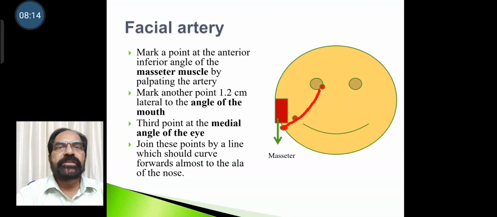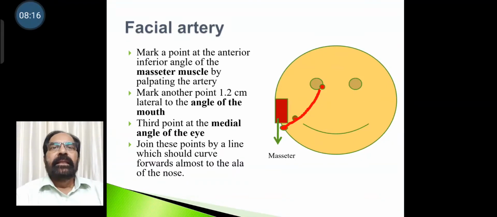Then facial artery. To mark facial artery, mark a point at the anterior inferior angle of masseter muscle, as shown, by palpating the artery.